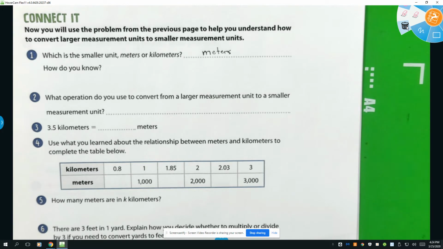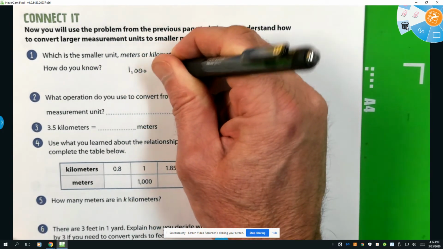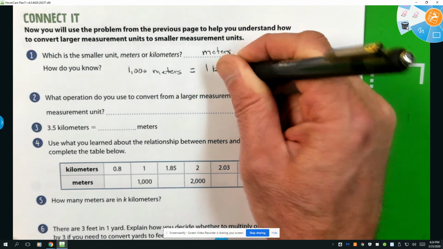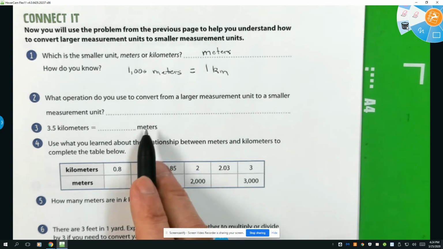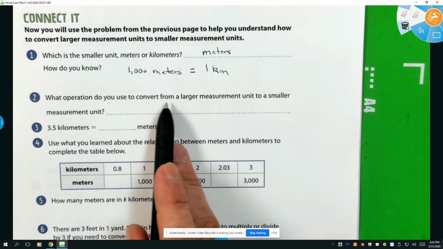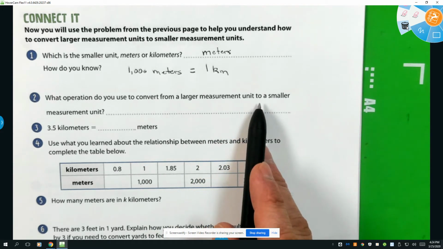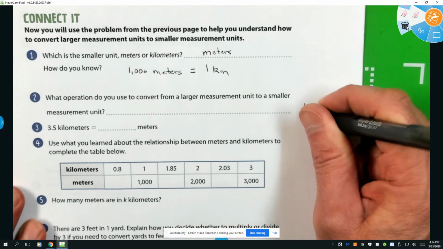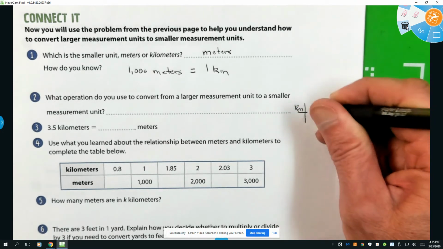Okay, so how do we know? Well, we know that it takes 1,000 meters to equal 1 kilometer. What operation do you use to convert from a large measurement unit to a smaller measurement unit? So, in other words, how do we go from kilometers to meters?